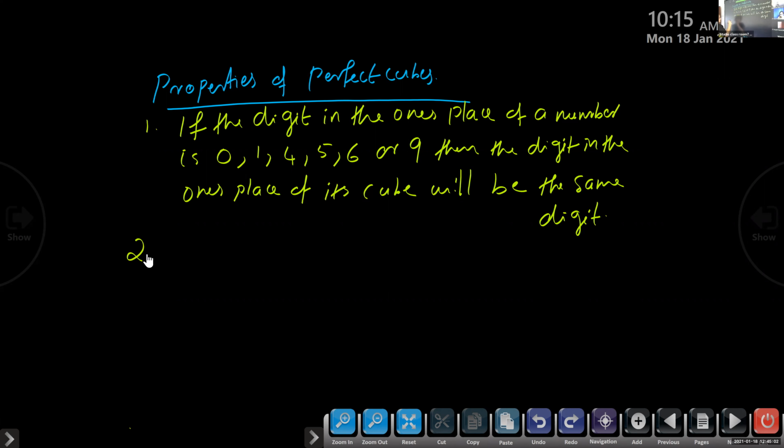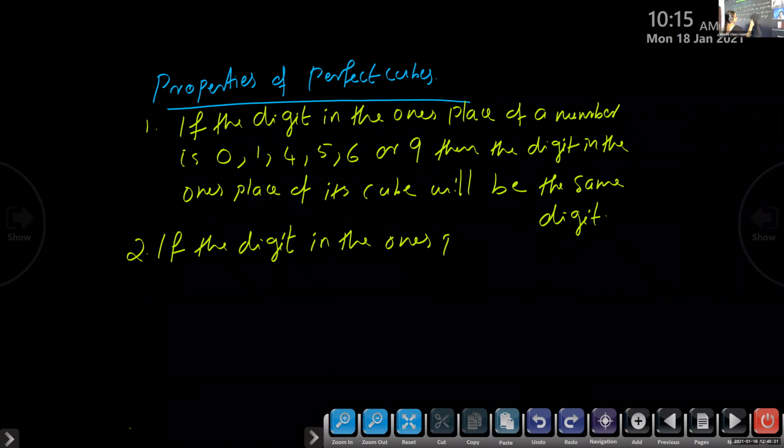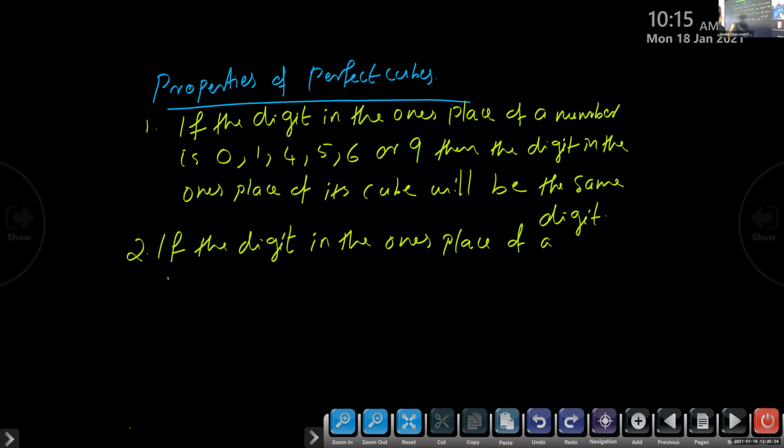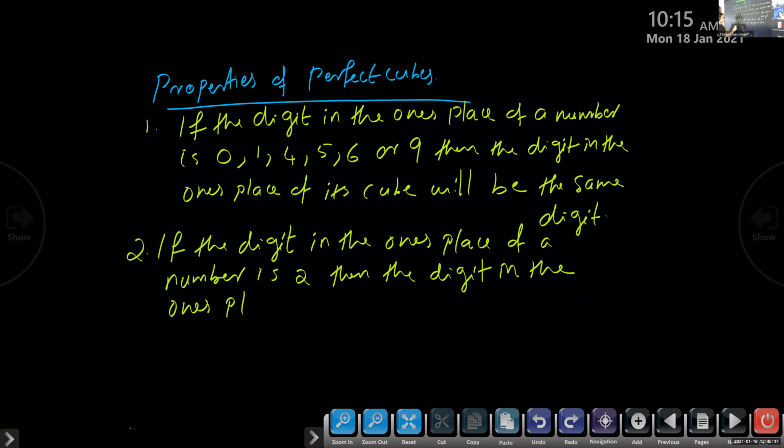Second one: if the digit in the ones place of a number is 2, then the digit in the ones place of its cube is 8, and vice versa.